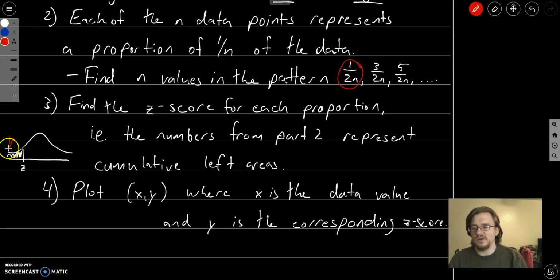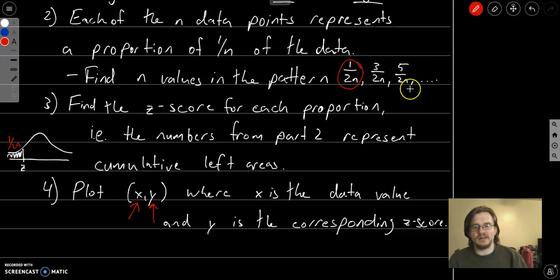So this would be 1 divided by 2n, for instance, or 3 divided by 2n, and then 5 divided by 2n, and 7 divided by 2n, all the odd numbers on top. So we'll find a z-score for each one of those, and then this is what we plot. We have the individual data value and the z-score.